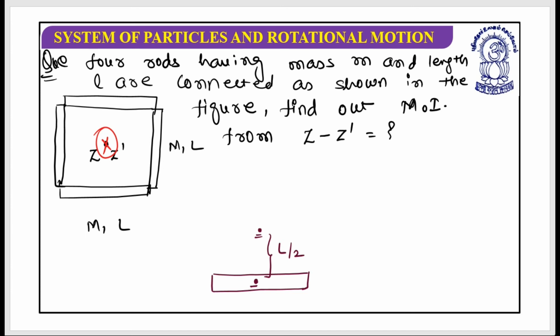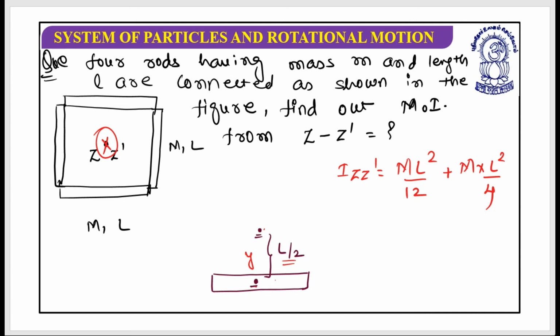So what I can write is that IZZ dash for this is ml square by 12, because it is rotating from the midpoint, plus m into L square by 4. That is m into y square, where the distance is L by 2.